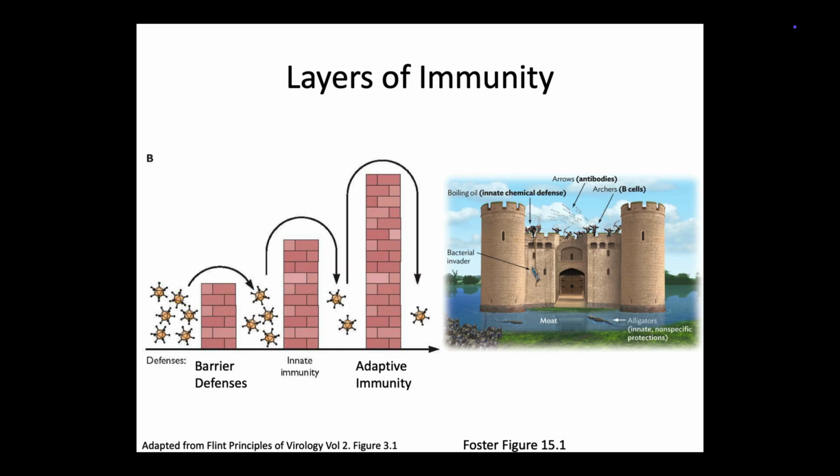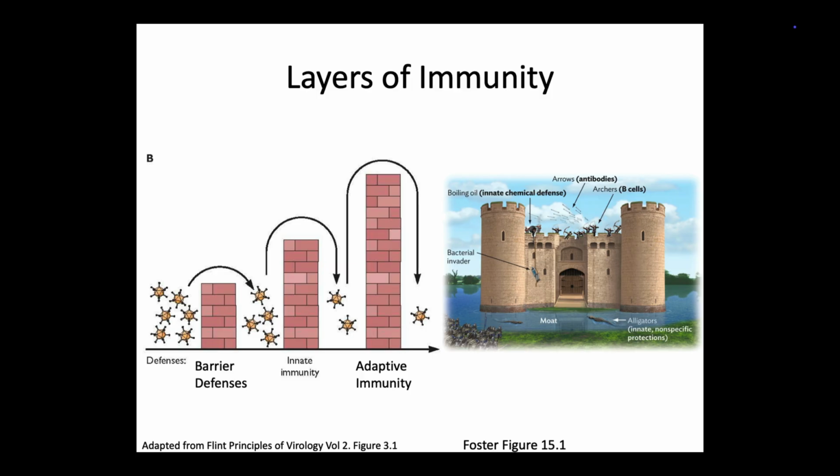So you can see that this castle has a moat, and it has alligators, and it has archers who have arrows, and there's people pouring boiling oil, and there's a wall, and there's a bunch of different things. And if I really wanted to stretch an analogy, I could tell you why this one is like a moat, and this one is like an alligator, and this one is like an arrow, and things like that.